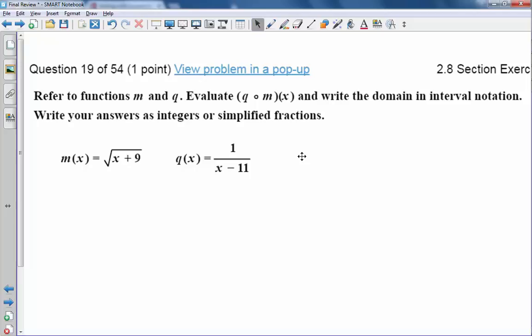Anyone? Don't you put the M in the place of the X? Yeah. So what is it? What is it?